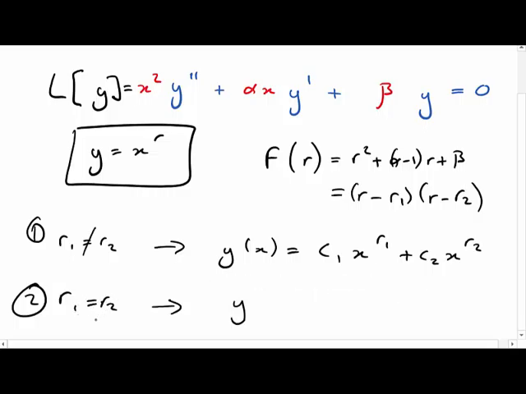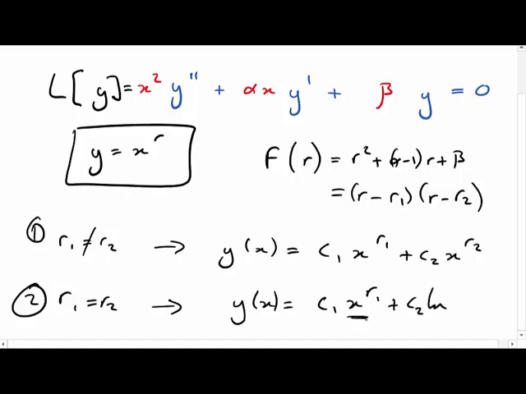But then when r1 is equal to r2, in other words, you get equal roots, then you get something of this form. So you get C1 x to the power of r1, plus C2, and then to differentiate the two things, because of course you have to have two solutions, whereas before we've seen it as e to the power of rt, here we need to differentiate the two, and normally we stick an x in front of it.